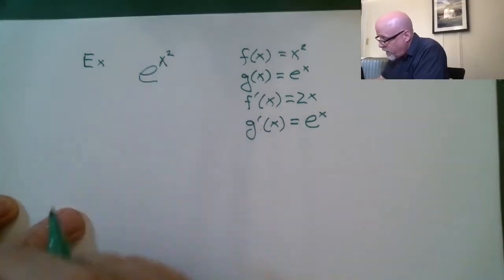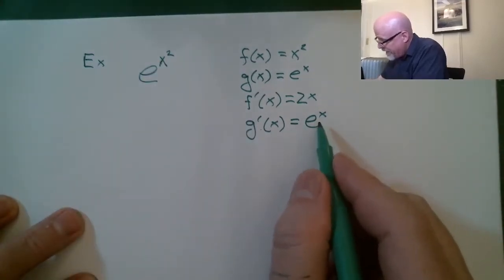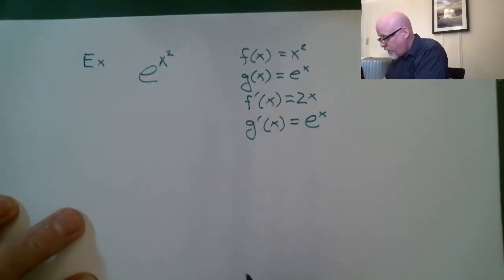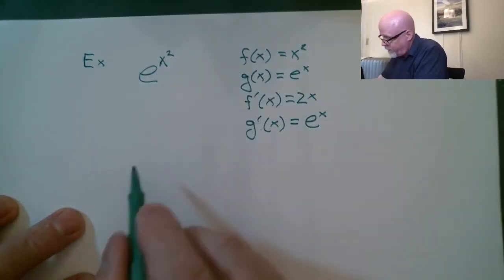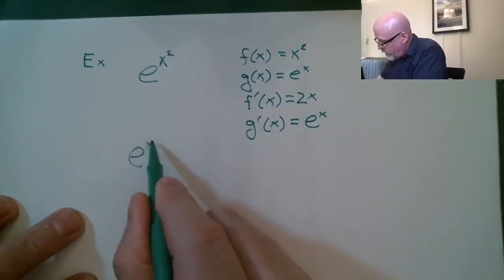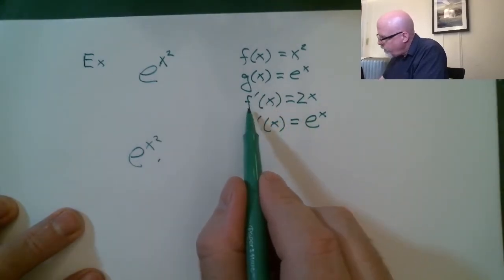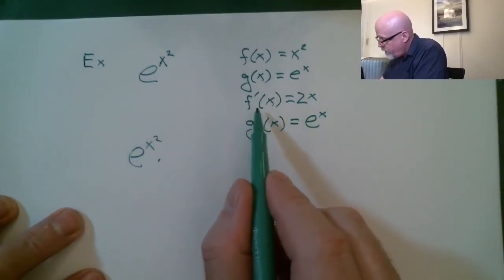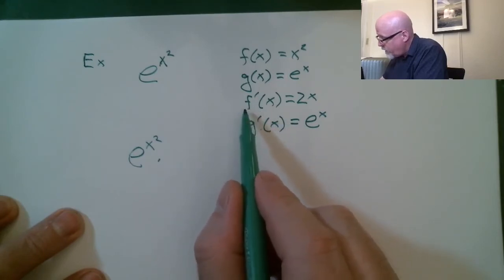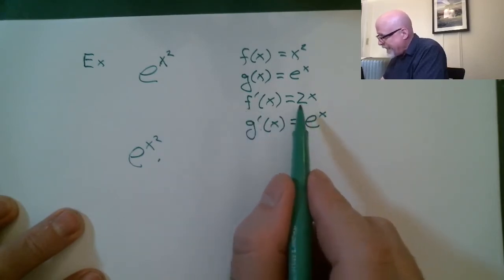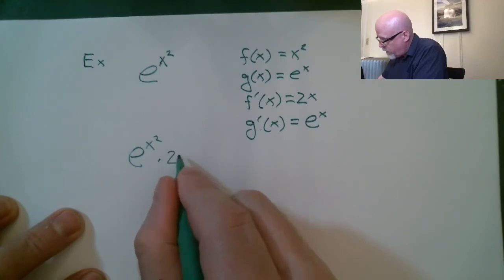That means nothing changes, right? The e to the x remains e to the x, but we don't stick x in, we stick x squared in. So you get e to the x squared times, well, we also have that part of the chain rule that involves multiplying by the derivative of the inner function, so times 2x.